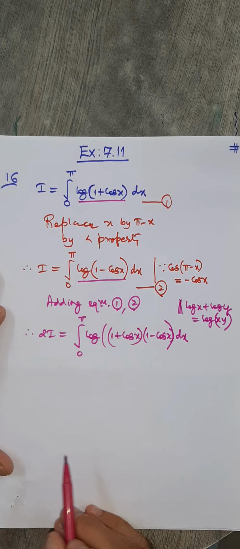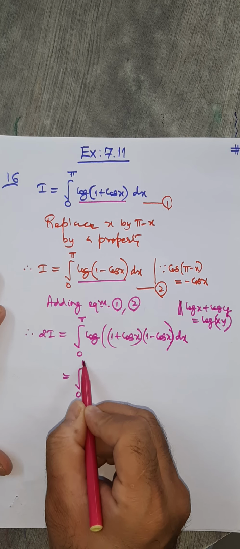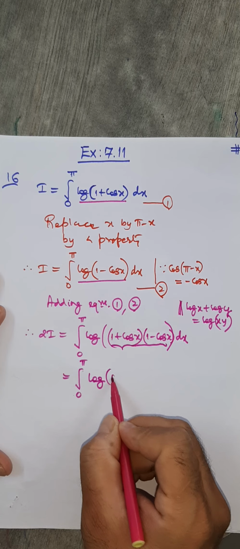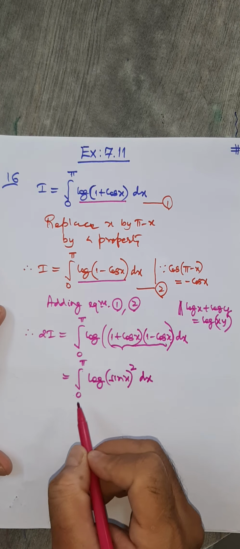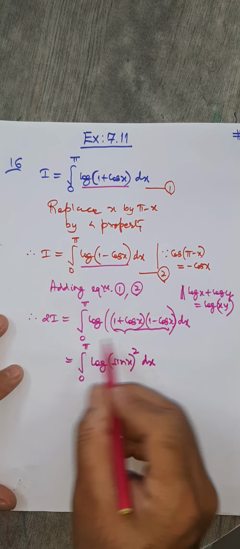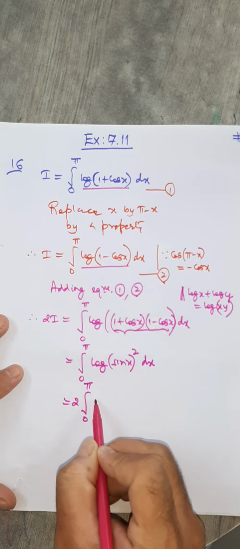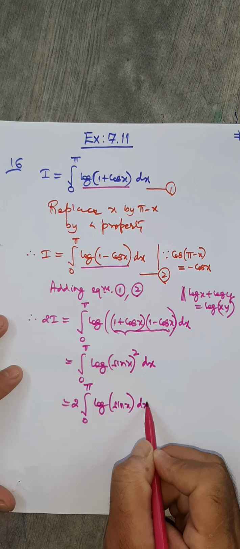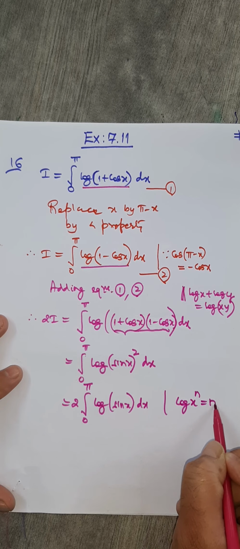Now this is nothing but integral 0 to pi of log of 1 minus cos square x, which is sine square x, whole square. We take this 2 in the product, that is also a property of the log function: log of x raised to n is n log x.